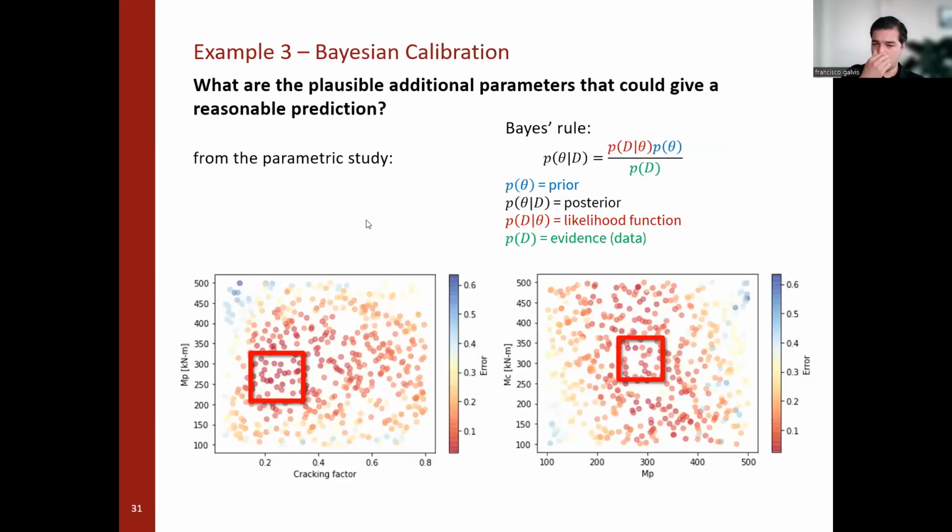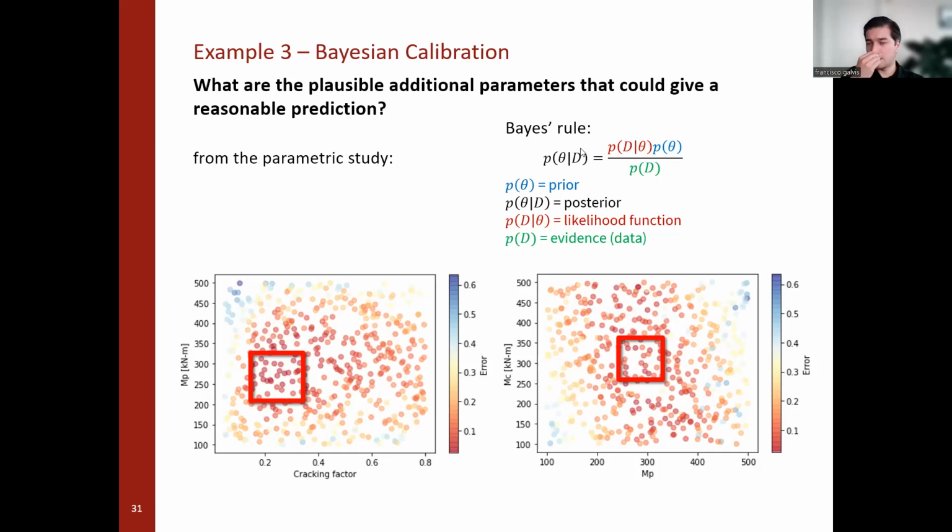Now, for the Bayesian calibration, we are not only focused on the value, but on the distribution. What's the distribution of the parameters given the observation of the experiments that we obtained? And for that, we use Bayes' rule, which uses the evidence in green, which was the test, but also uses a prior distribution of the parameters, and a likelihood function that relates the evidence with the parameters.